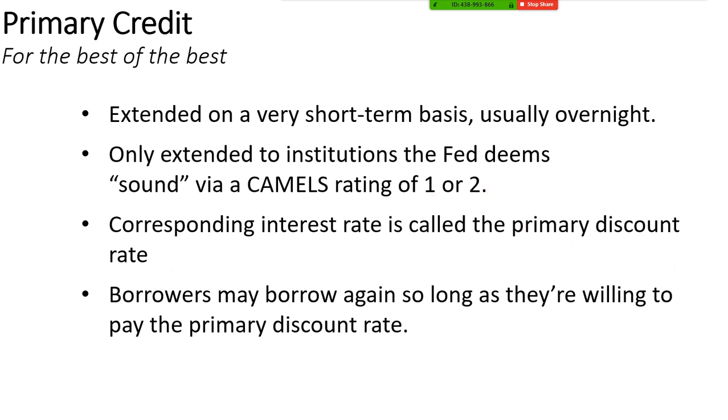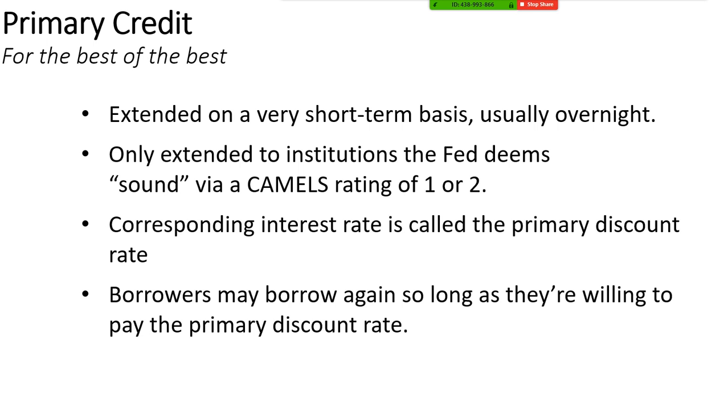So it's lower than the secondary discount rate or the seasonal discount rate. The way that the Fed reasons is that these stronger banks can get access to these funds so long as they are willing to pay the penalty of an interest rate that's higher than the federal funds rate. And right now, the primary discount rate is 0.25%.